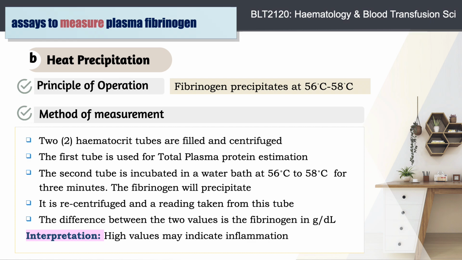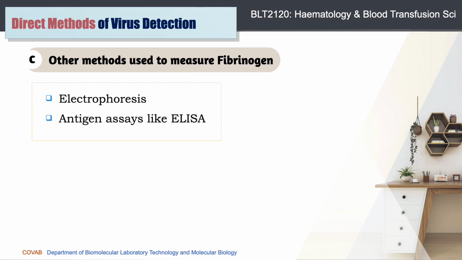An interpretation of this test: higher values may indicate inflammation. Other methods used to measure fibrinogen include electrophoresis and antigen assays like ELISA. So that brings us to an end on the methods used to measure fibrinogen.